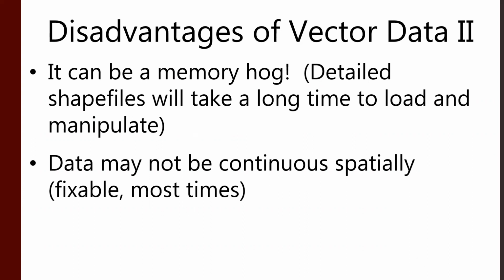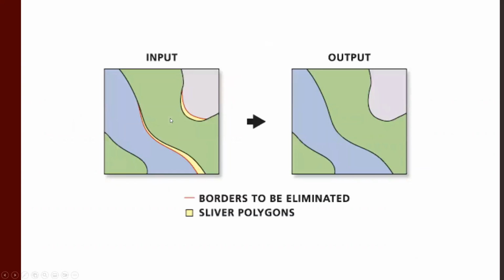Vector data also has issues with spatial continuity, because vector data is shapes made up of points, lines, and polygons. Again, you can get these issues with slivers, where our shapes all don't align perfectly. They become non-continuous.